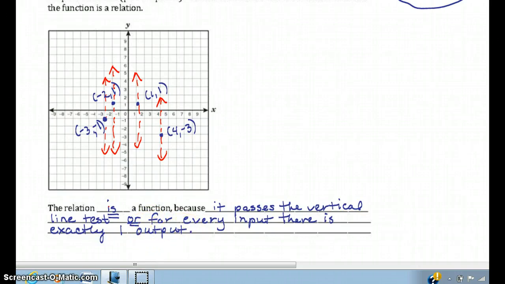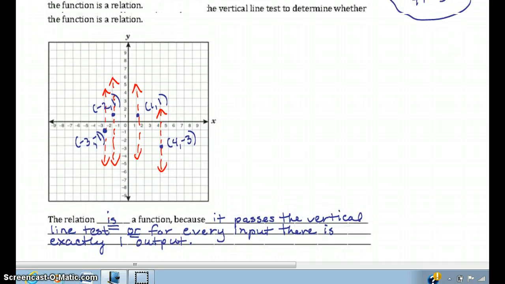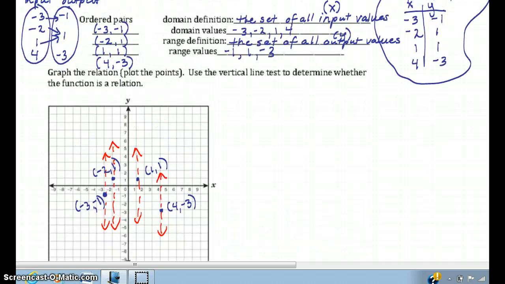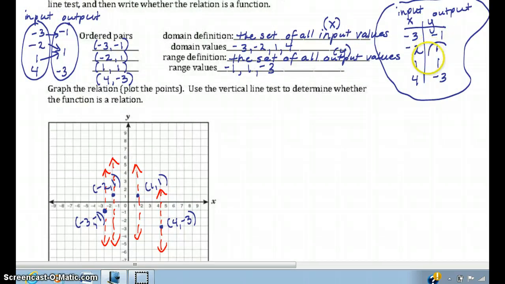Okay, so we're going to come back up here and we're going to look at the table because this sometimes stresses students out and they think that it's not a function. So when you look here, you'll see that these two inputs go to one output. It's okay to have two different inputs go to one output.